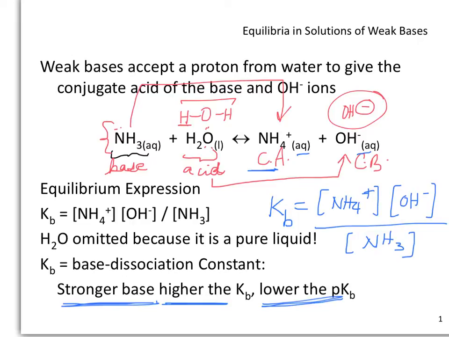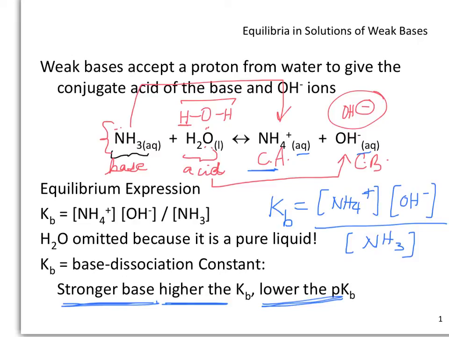You can use Kb values and determine the pH of the solution. The only thing you should think about is that in this particular situation, we don't really have an H plus going on directly.